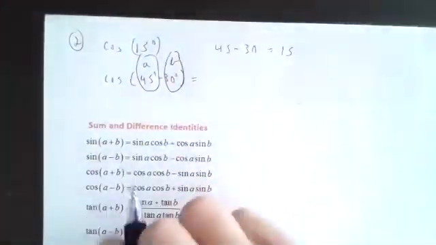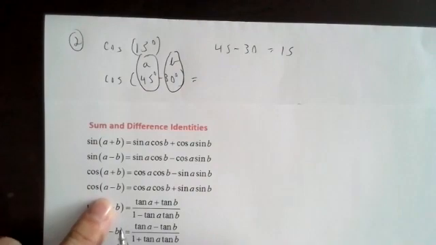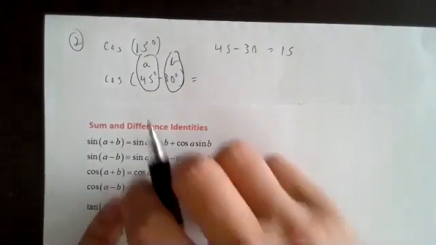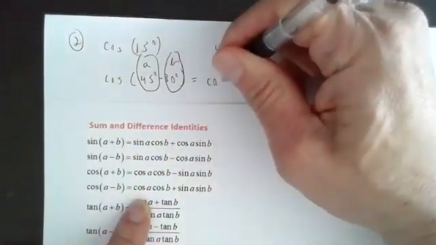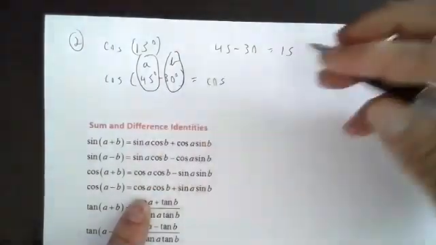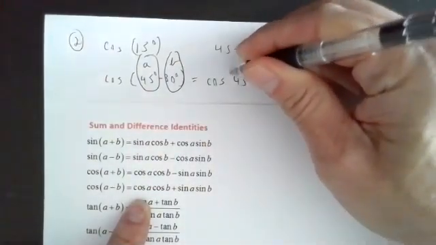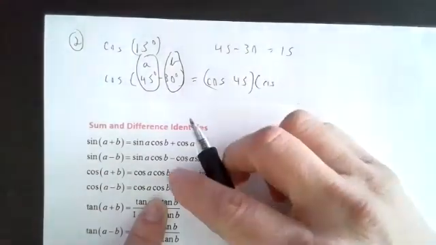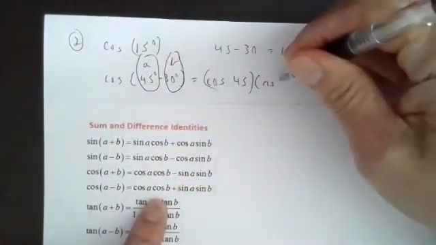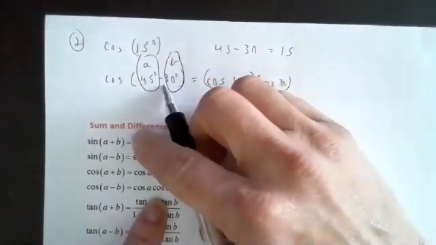Now, according to the difference formula, I'm using this one here. I'm doing a cosine of some angle minus another angle, 45 minus 30. I do the cosine of the A angle, which in this case is 45, times the cosine of the B angle, so the cosine of 30. Notice the minus is separate.